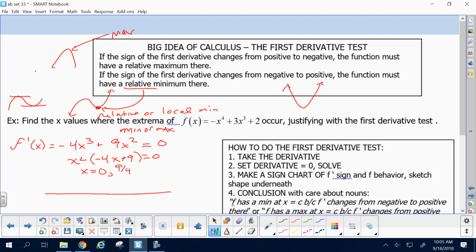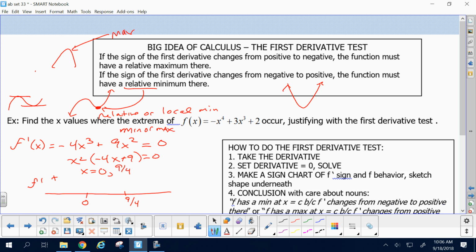Now, I want to do a sign test on f prime. Place the zeros. 0 is left of 9/4 on the number line. Give me or test a value less than 0, like negative 2. At negative 2, x squared, well shoot, that's always positive.